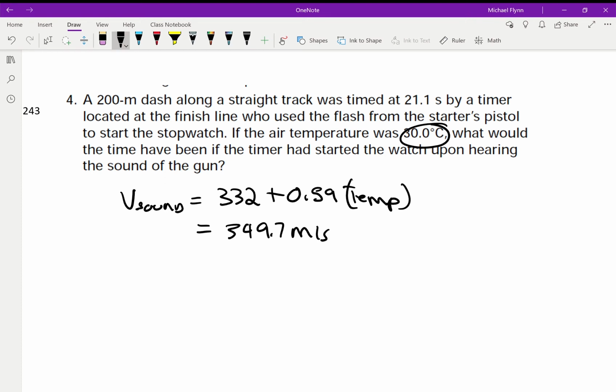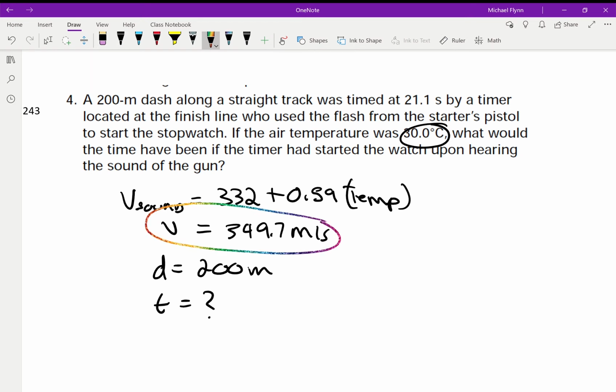Now, here's the thing, if it's a 200-meter straight track, how much time would it take for the sound to reach you from the starter's pistol? The starter's pistol is located right next to the runners when they start. So that sound has to travel a distance of 200 meters to reach you. We're wondering how much time it takes, and we know the speed of sound is this number here.